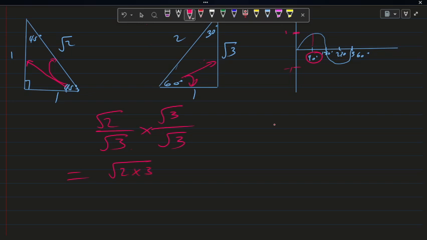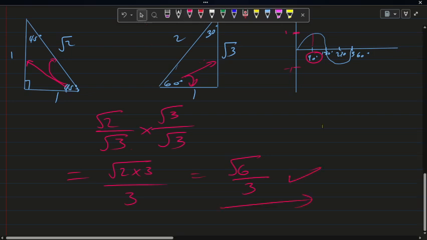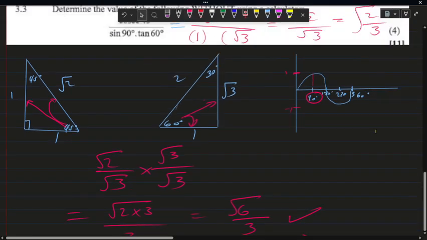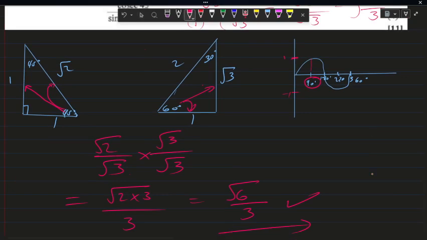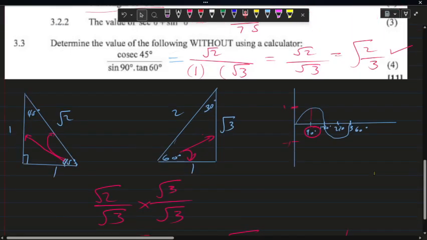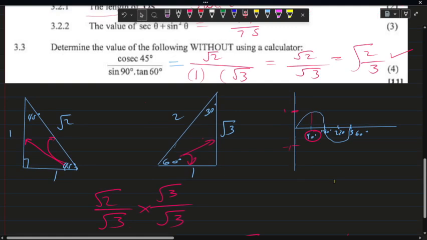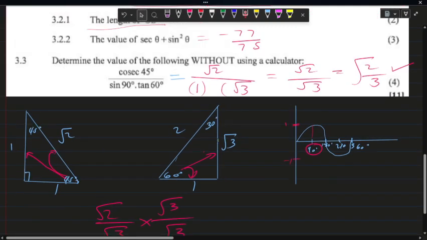Then we have root 2 times root 3, which is root 6, and root 3 times root 3 will equal 3, so it will be root 6 over 3. So this is our final answer with the denominator in its rational form. But if you left the answer like this, you will still get all the marks. This one just looks a bit nicer or neater, so to speak.